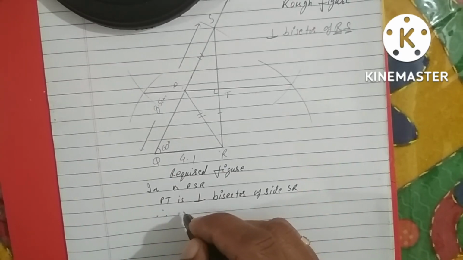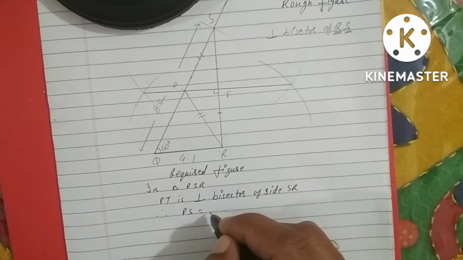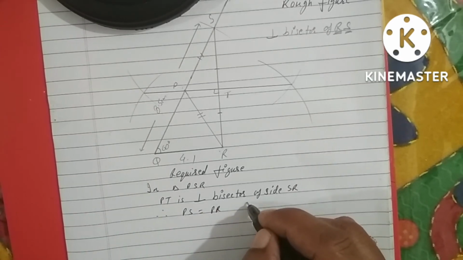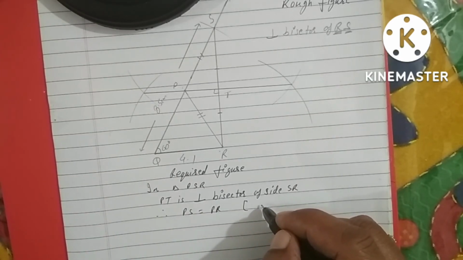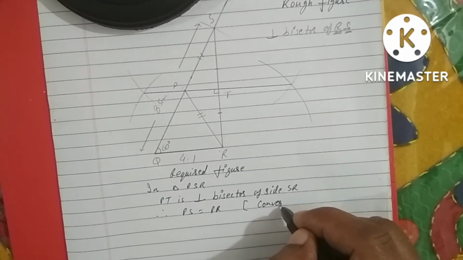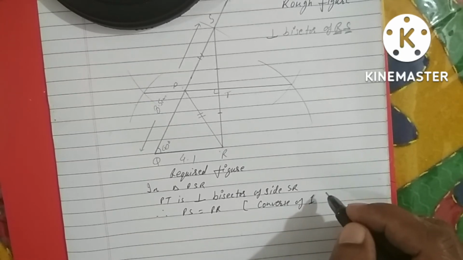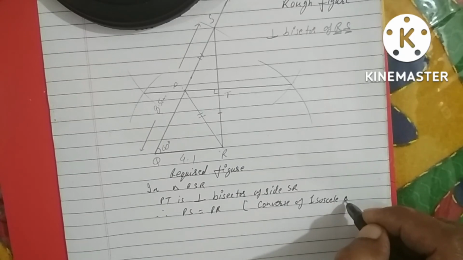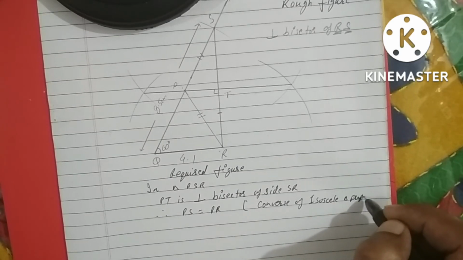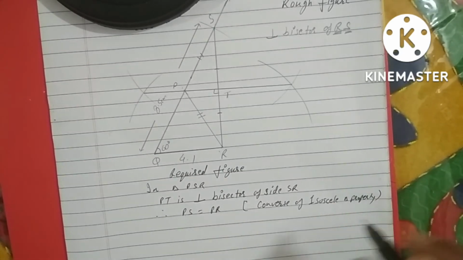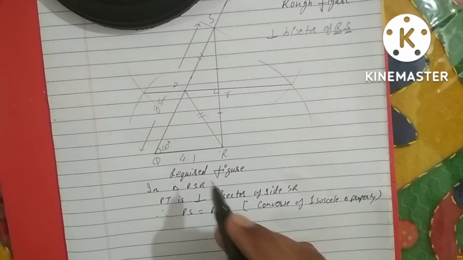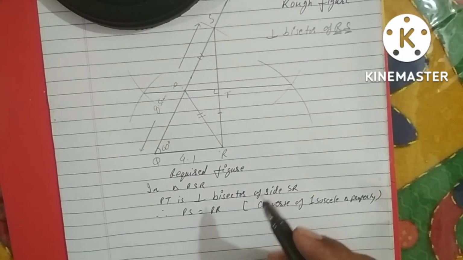Therefore, I can say PS is equal to PR. By which property? By the isosceles triangle property, or I can say the converse of the isosceles triangle property. Fine. Okay. So we know that PS is equal to PR.